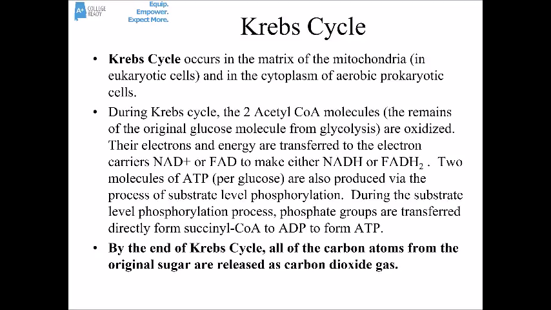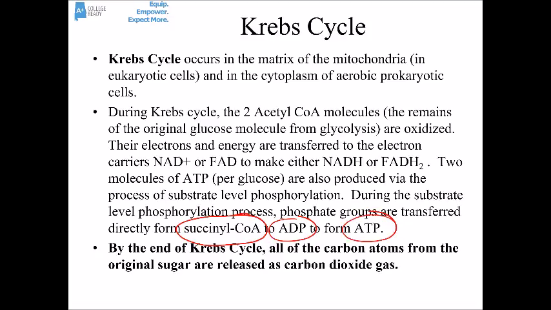Their electrons and energy are transferred to the electron carriers, NAD plus to make NADH, or FAD to make FADH2. 2 molecules of ATP for every glucose are also produced by the process we discussed earlier, substrate level phosphorylation. During this process, phosphate groups are transferred from an intermediate called succinyl-CoA to ADP to make ATP.